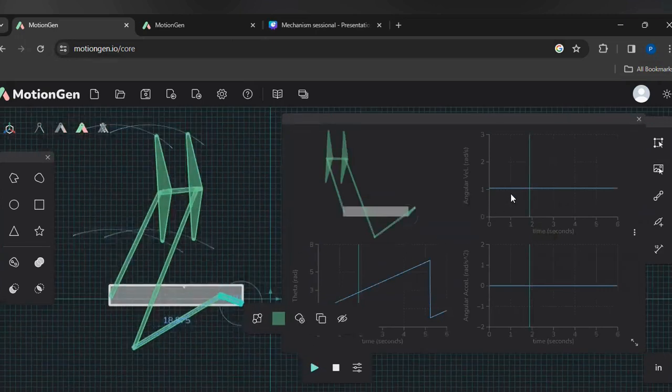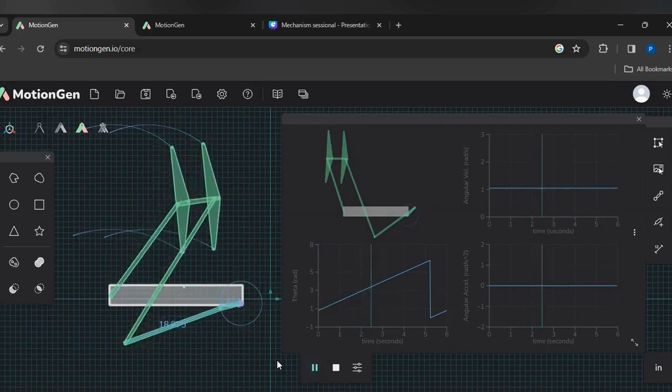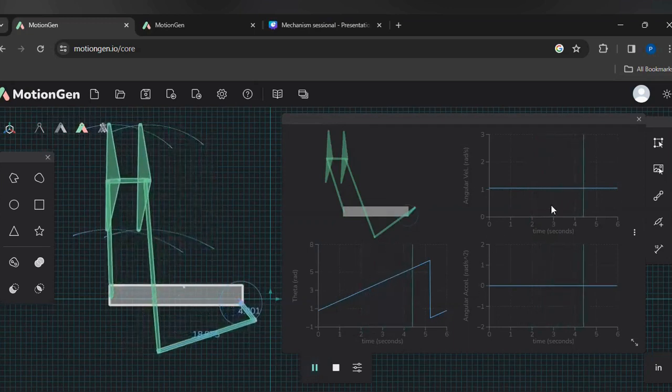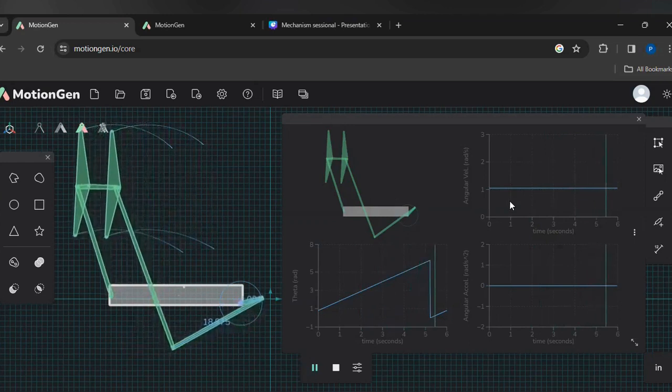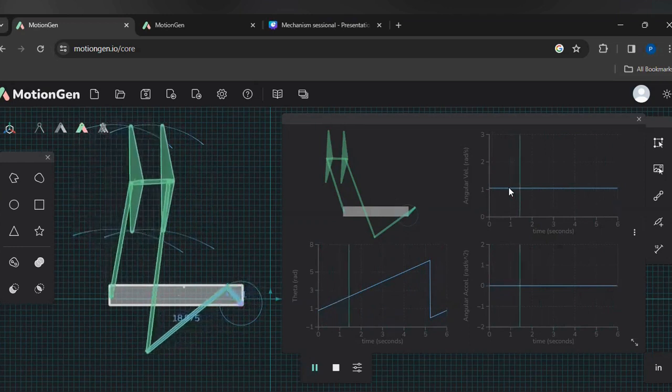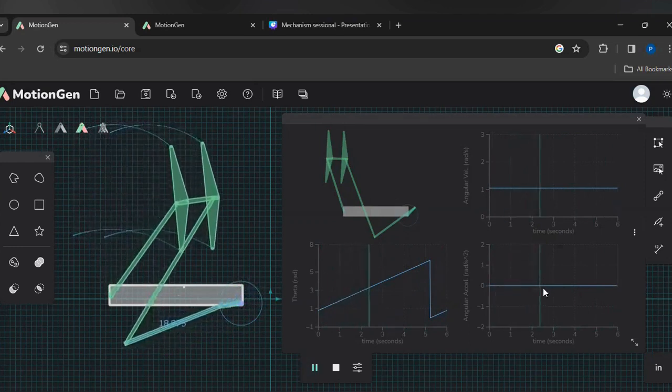MotionGen has plotted the graphs of angular velocity, angular acceleration, and theta versus time for us. So let's start the simulation. We can see here that, as we said earlier, angular velocity is constant, around 1 radian per second, and angular acceleration is 0.